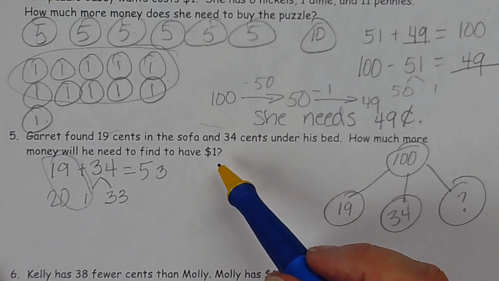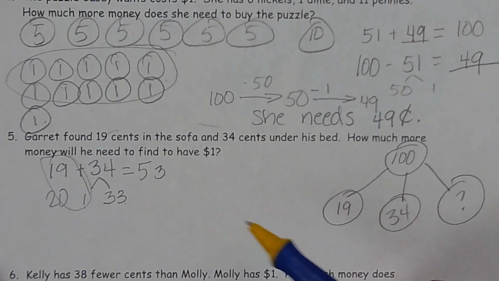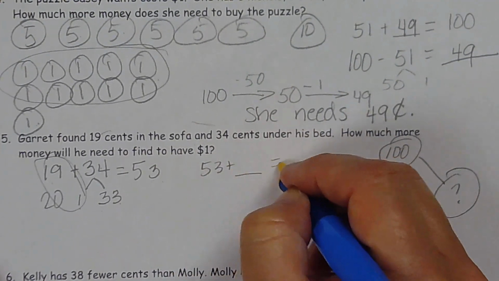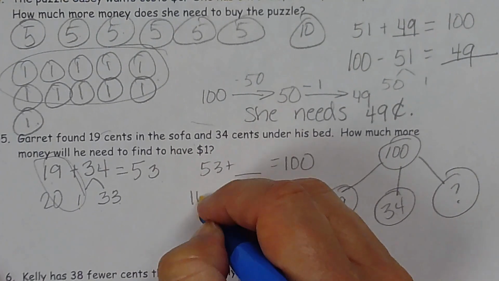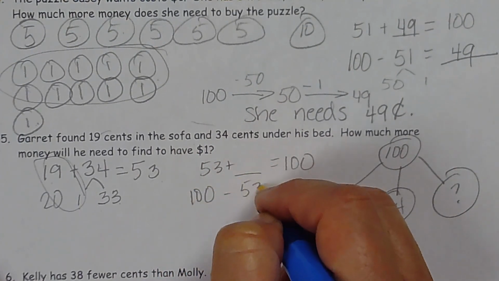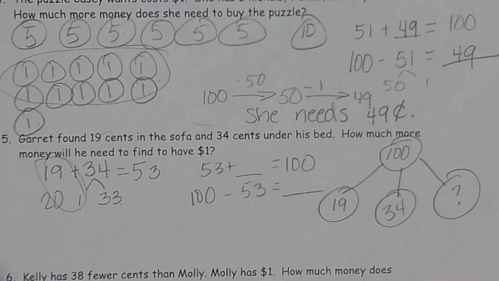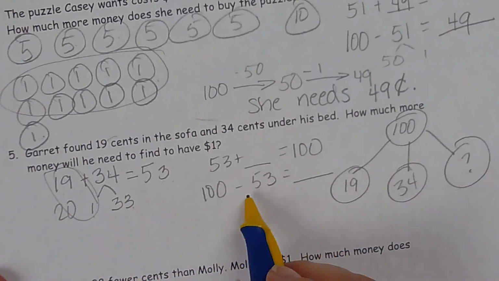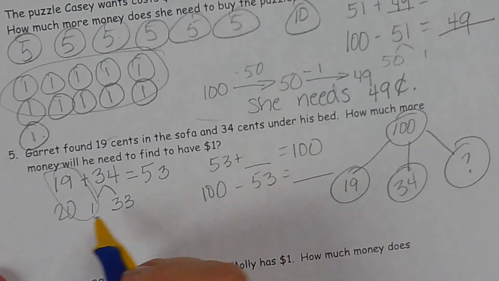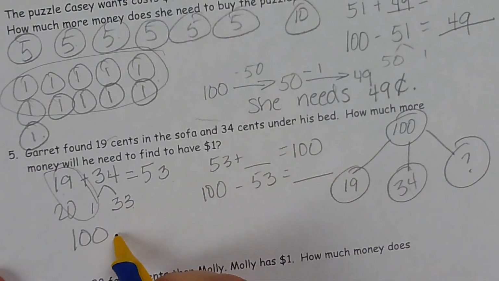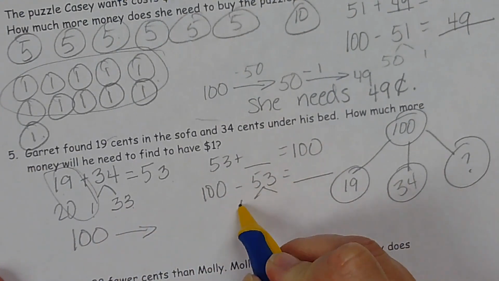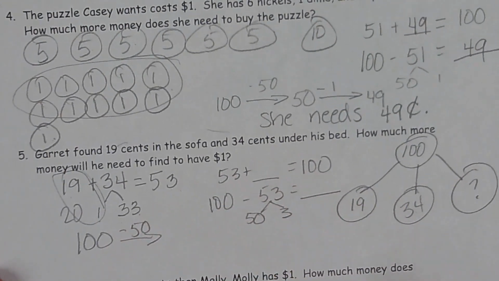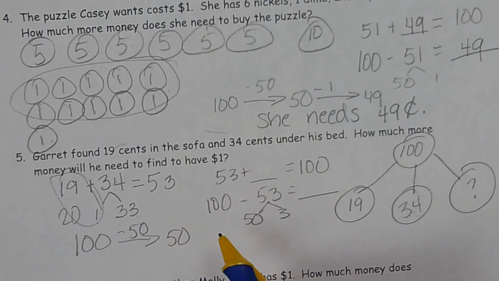In order to get to 100 cents, how much more do I need? 53 plus something equals 100. 100 minus 53 equals something. So again, since we're working with 50 and 100, I'm going to go ahead and do it this way. 100 minus 50 gives me 50.